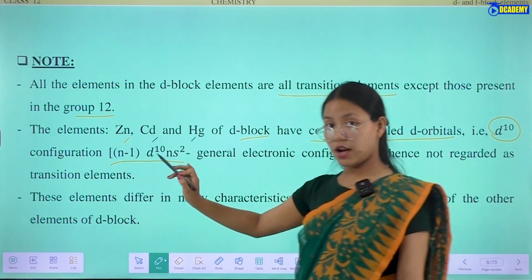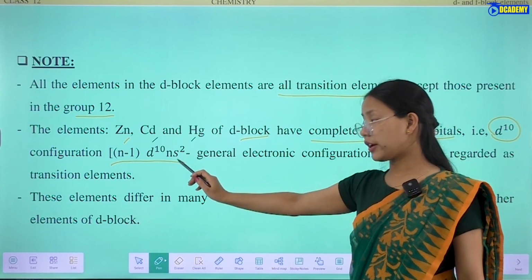That means the n-1 D orbital has 10 electrons and ns2.